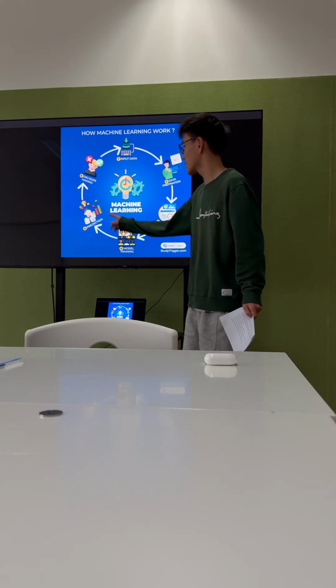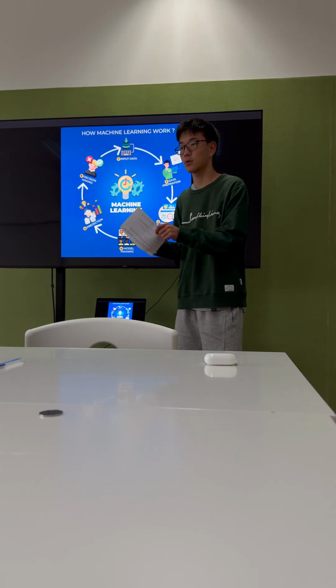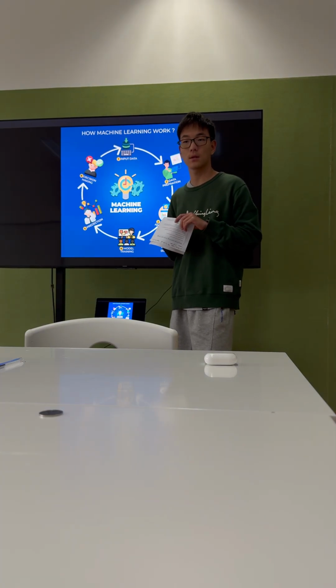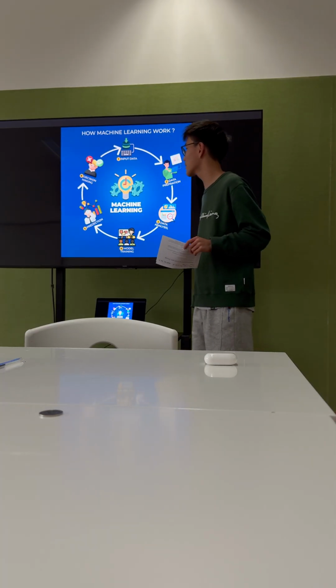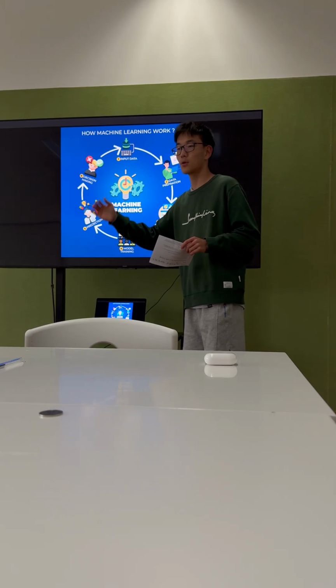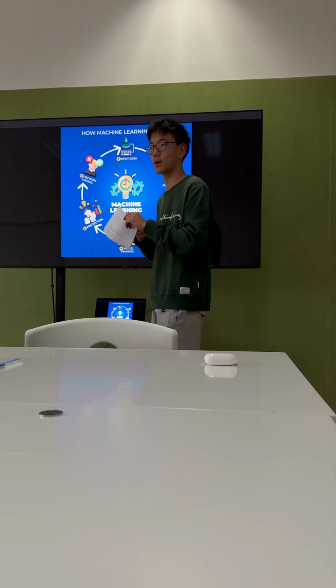Fifth, prediction. We predict what the data will reflect back to us, or transform the information back to us. Sixth, decision making. We determine if the computer's answer is correct or not.